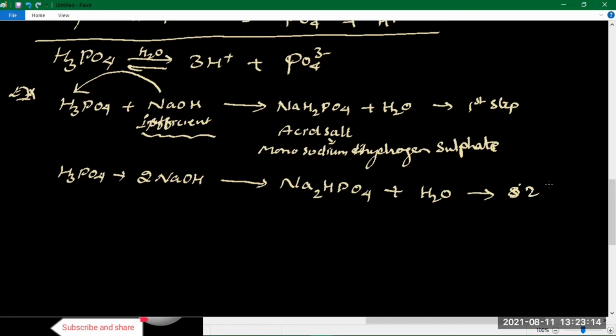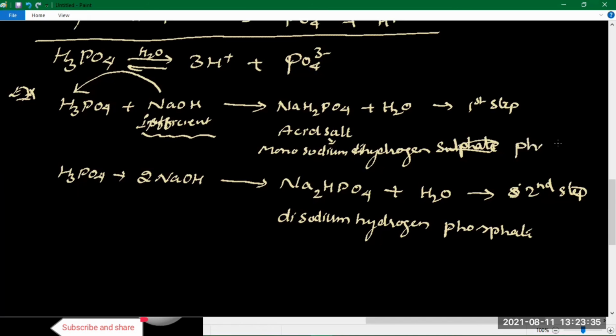In the second step, it produces one more salt, called disodium hydrogen phosphate or biphosphate. Here a hydrogen is still present, hence this salt is also considered an acidic salt.